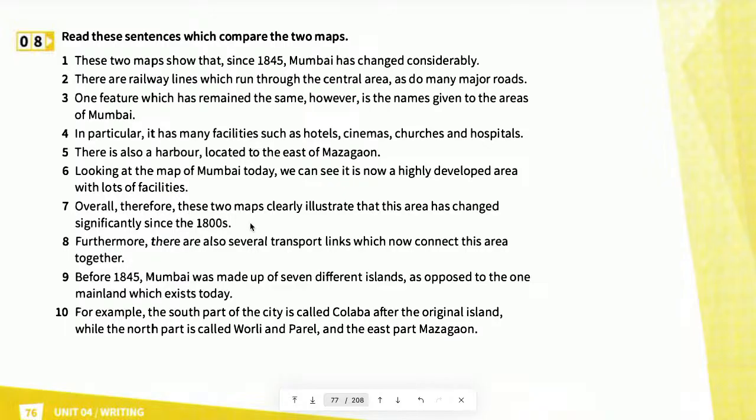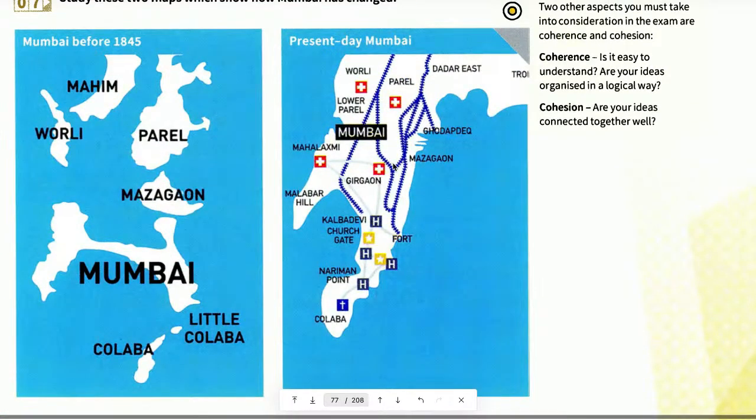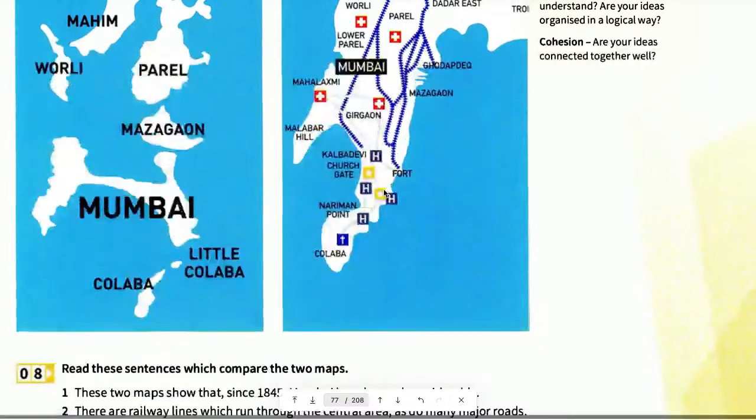Okay, again we have one overall sentence here. See, overall. Yeah? Okay, nothing here to explain. Number 8. Furthermore, there are also several transport links which now connect this area together. So we see some railway lines and also major roads there, right?